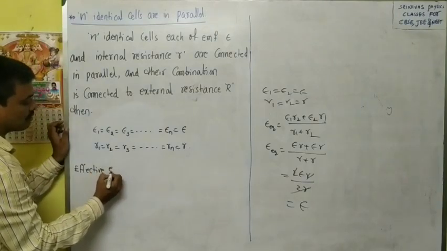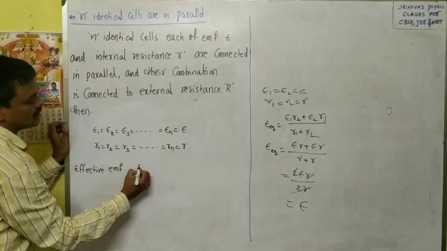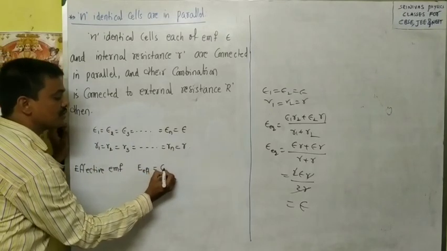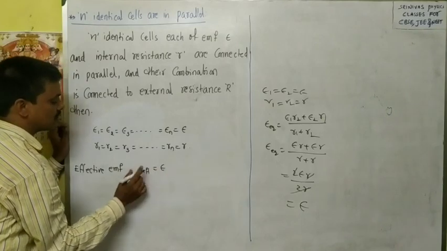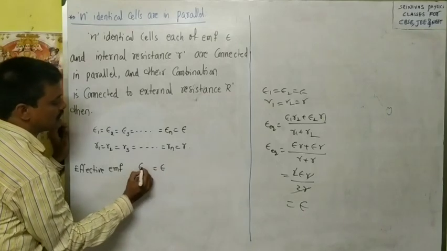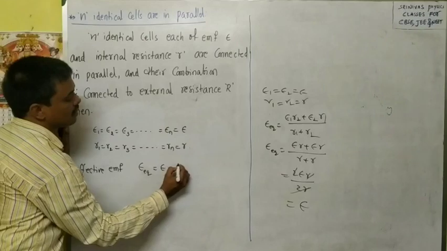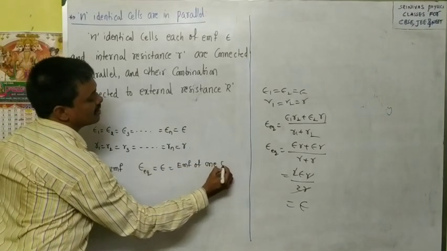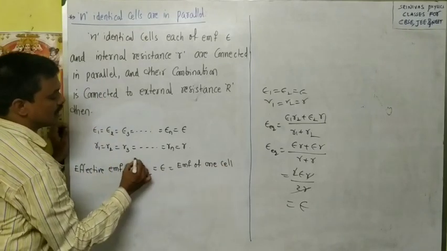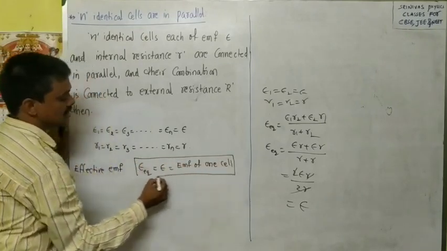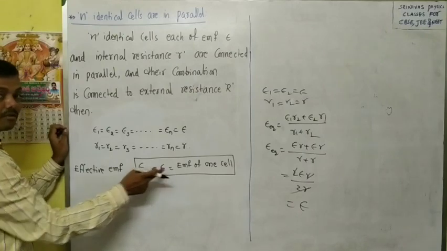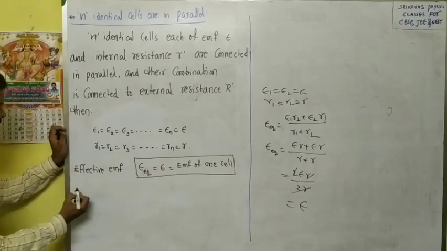Similarly, for identical cells in parallel combination, effective EMF is equal to E, the EMF of one cell. But for n cells in series it is nE, whereas for n cells in parallel the effective EMF equals the EMF of only one cell, right?